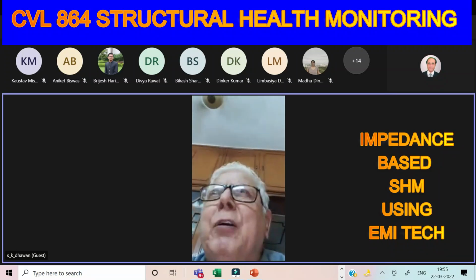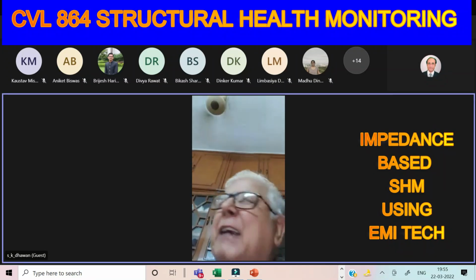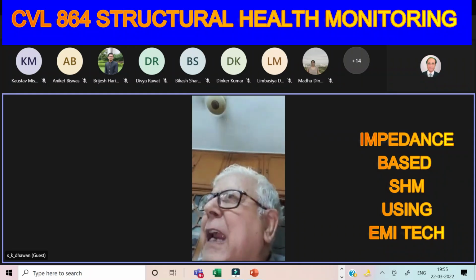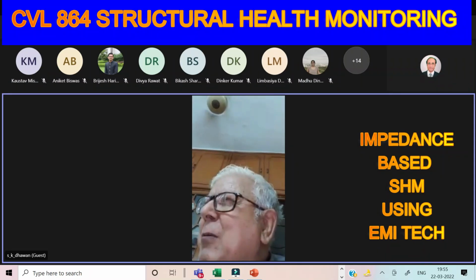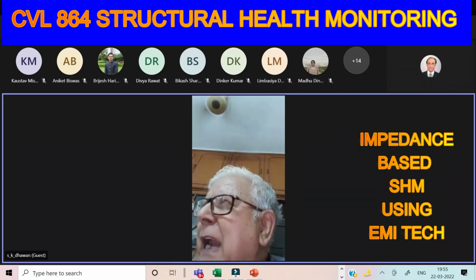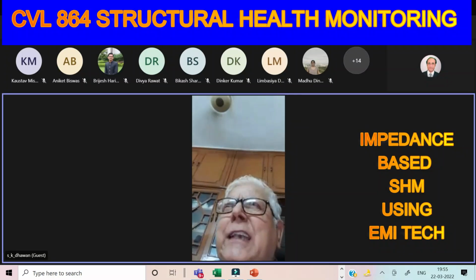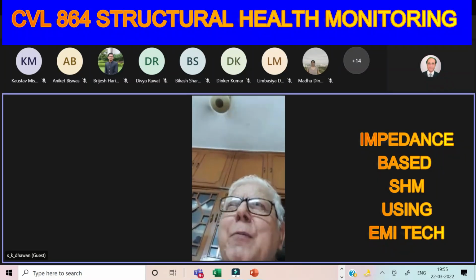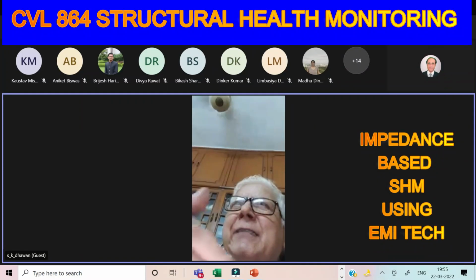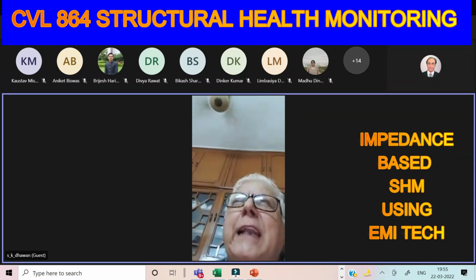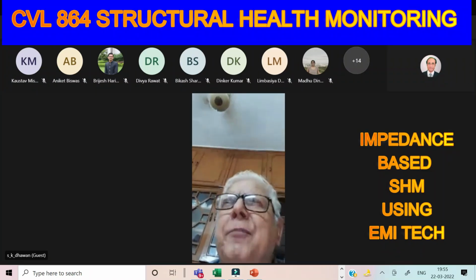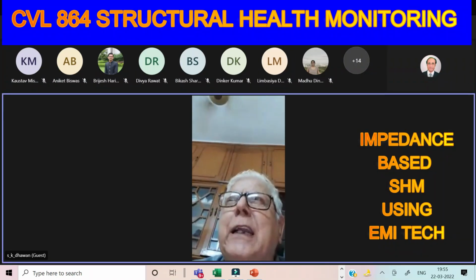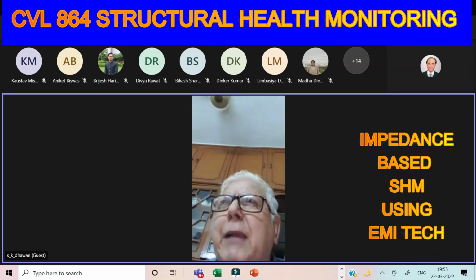For the entire frequency range, through FFT, I went to the time domain. So the time domain had stiffness K versus time. Due to damage, with respect to time, the damage increases more and more. The mass also went down, so I could get a clear picture of K, C, and M with respect to time.